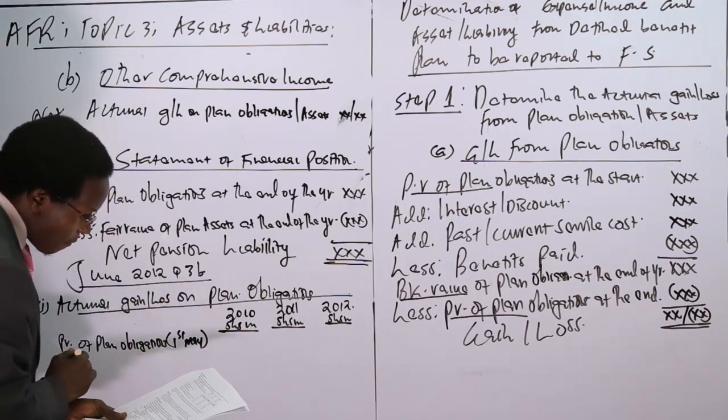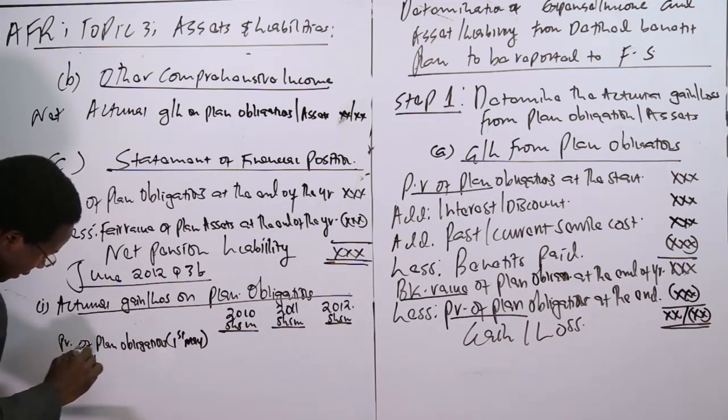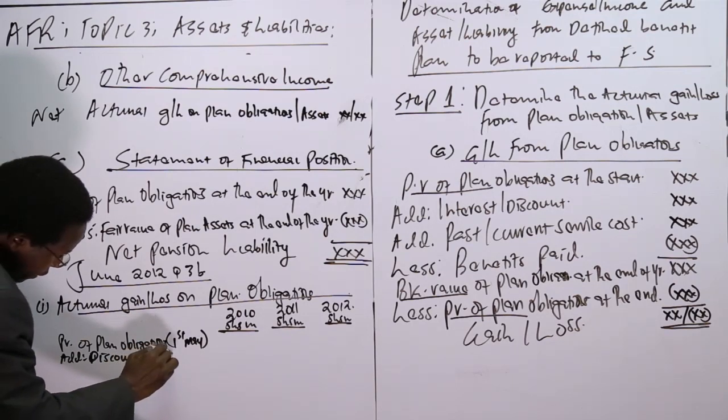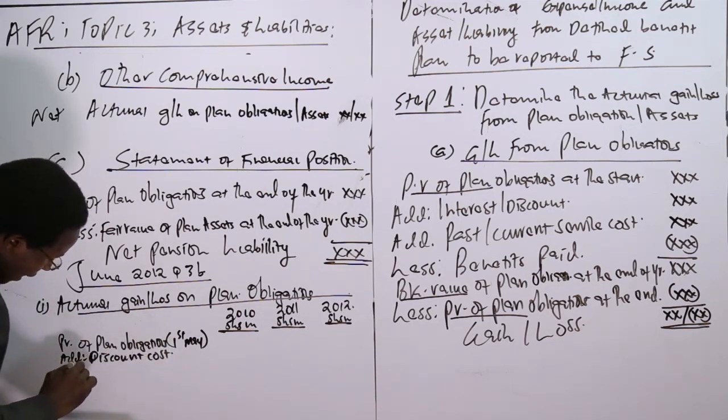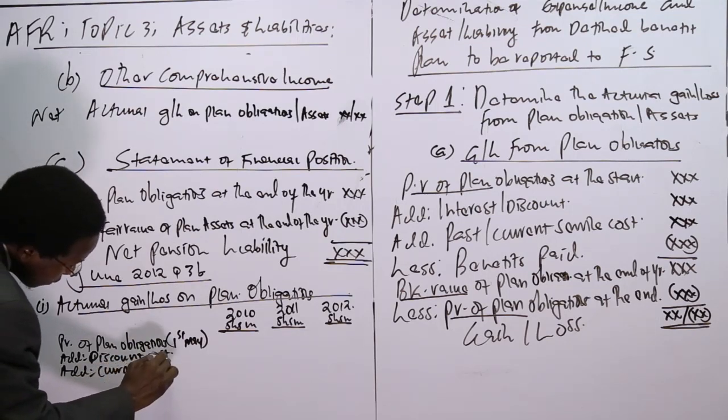Then before the current, I have the discount cost. Then I add the current service costs.